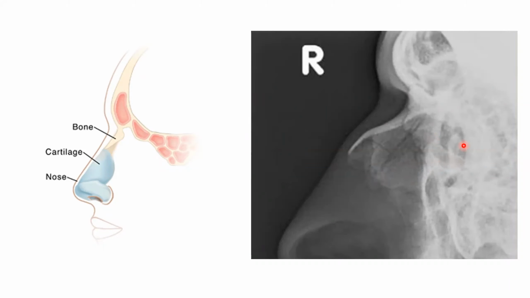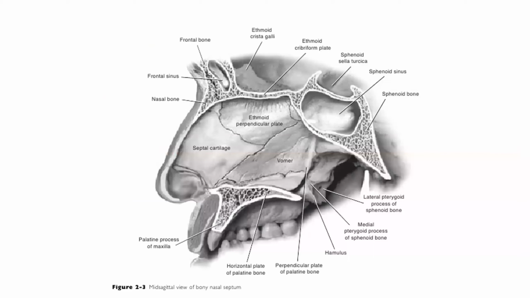That's also part of the nasal septum, and this part is the cartilage. So when there is trauma, whether it is assault, sports trauma or a fall, you will have fracture.